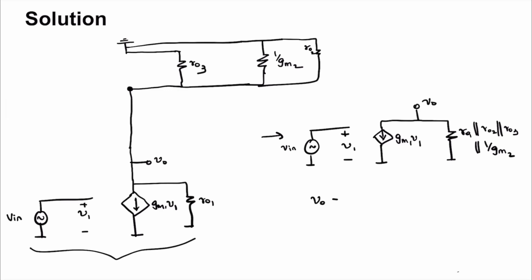So what will Vout be? It will be minus gm1 V1 times ro1 parallel ro2 parallel ro3 parallel 1 by gm2.